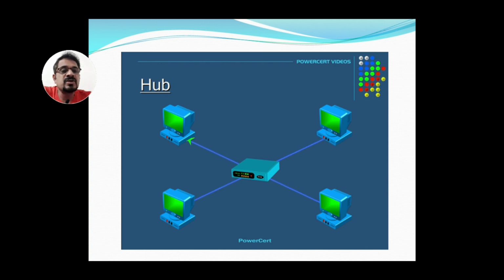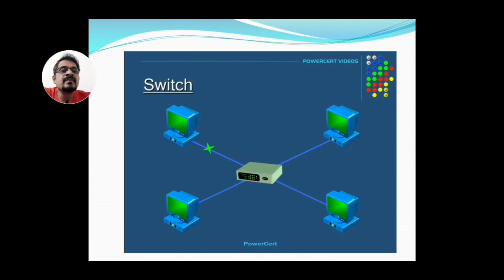Suppose any one system wants to send data, it is broadcast to all other systems, which by default wastes network resources and creates unnecessary traffic. Its main functionality is to regenerate the signal strength before it gets attenuated or corrupted, and also retime the bit pattern so that it can travel a longer distance. This is the hub, which operates only in the physical layer.